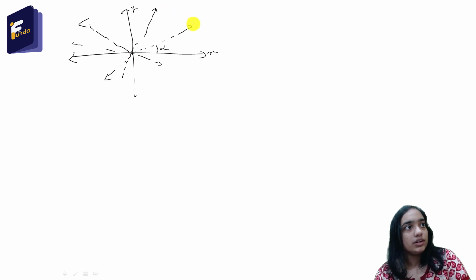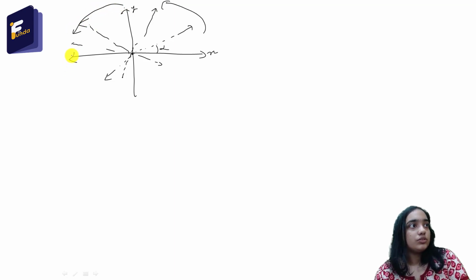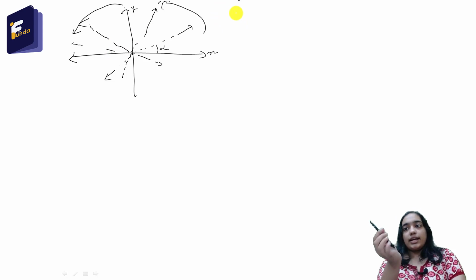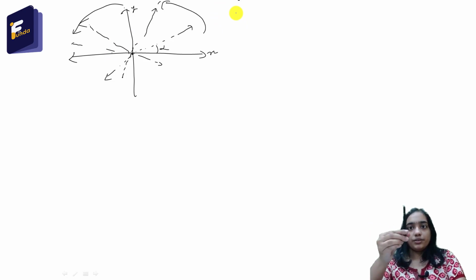From here the line is moving to this position, and from the straight position it is again moving to the last position. So what is the motion? The angle alpha is changing from 0 to 90 degree, then from 90 degree to 180 degree. So this line is going straight, then it is going like this. Okay, this is the motion.